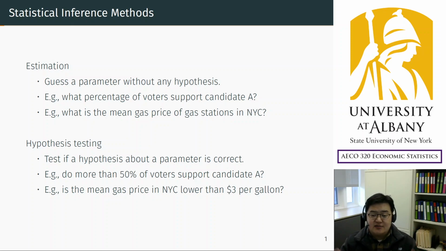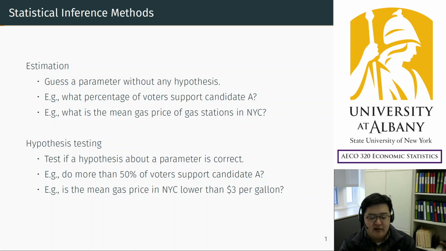In these two questions, as you can see, it is a yes or no question. And when you are asked a yes or no question, of course there is already a statement. In this question, I believe more than 50% support, right? And in this question, I believe the mean gas price is lower than $3.